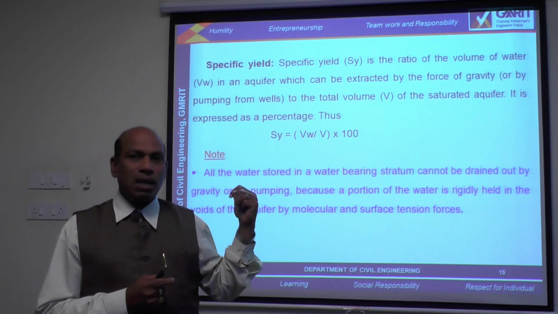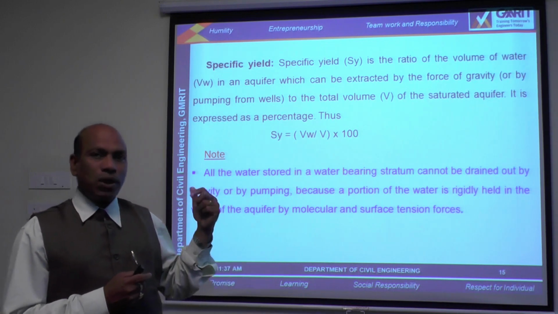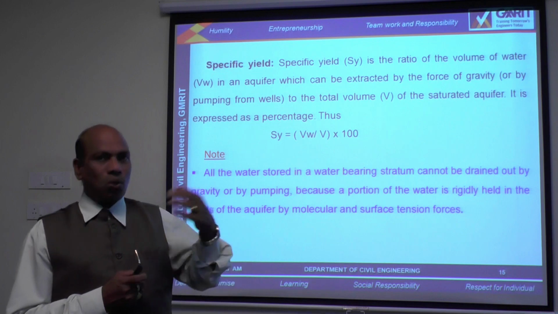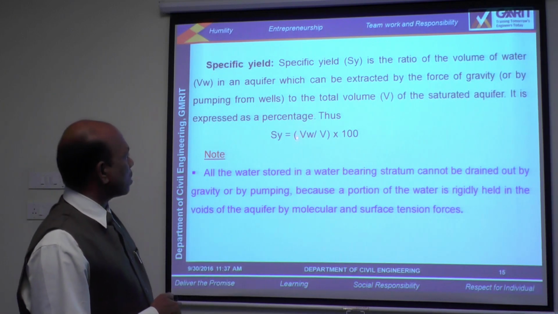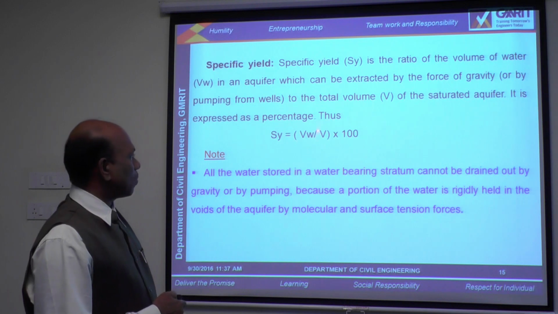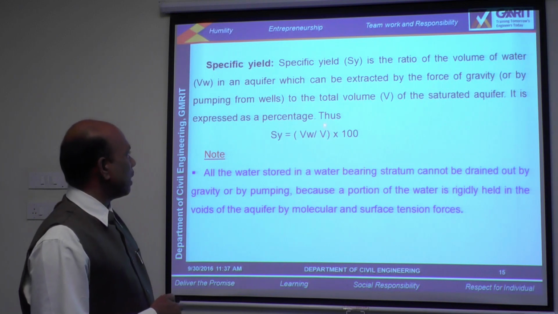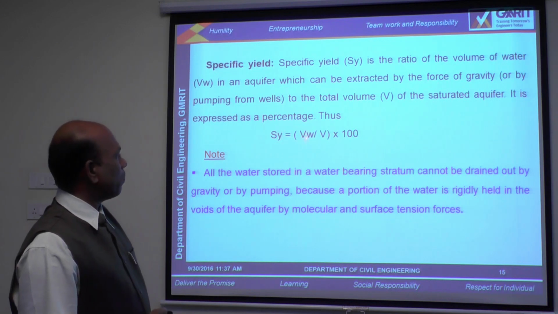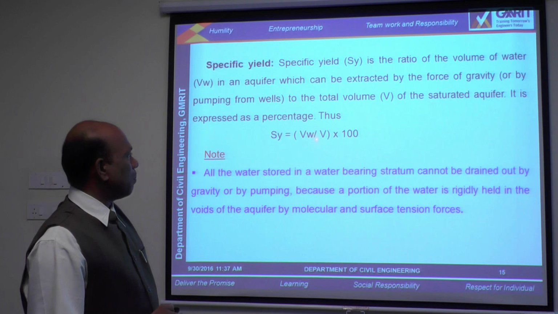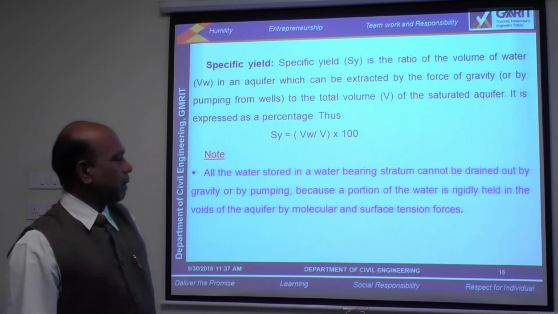So this is the ratio of the volume of water extracted from the aquifer to the total volume. Here the volume of water extracted from the aquifer is denoted by VW, the total volume is V, and the specific yield is denoted by SY. Then the specific yield is equal to VW divided by V times 100. This is also expressed as a percentage.